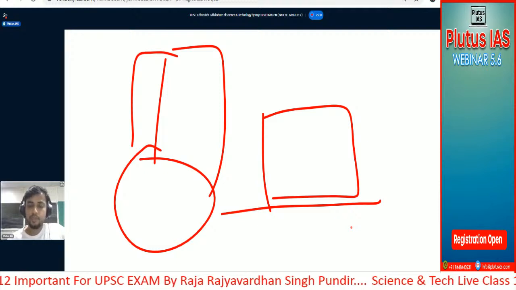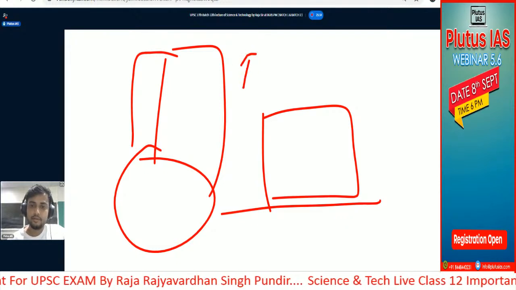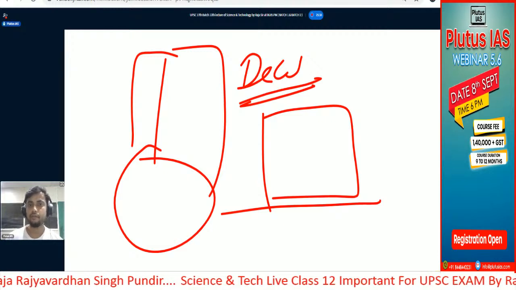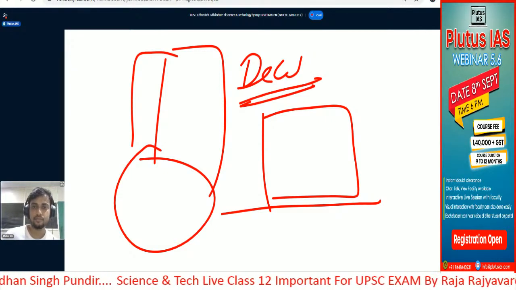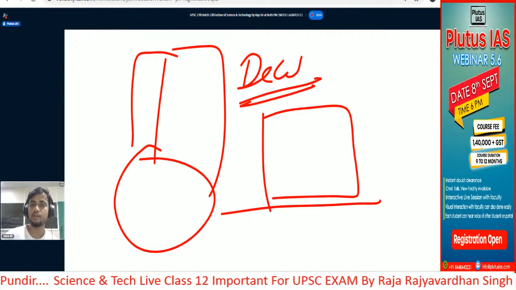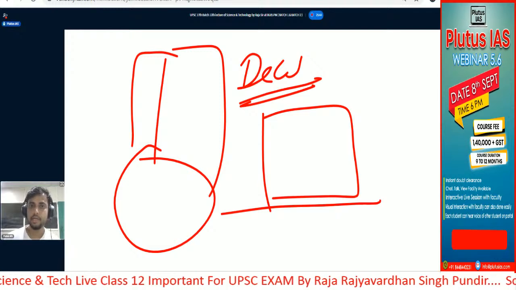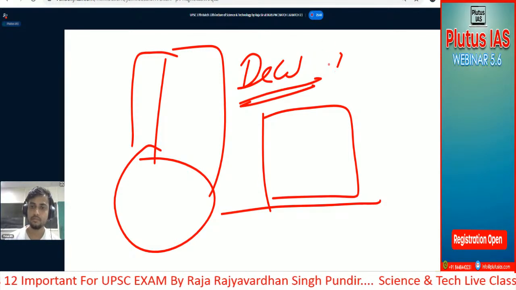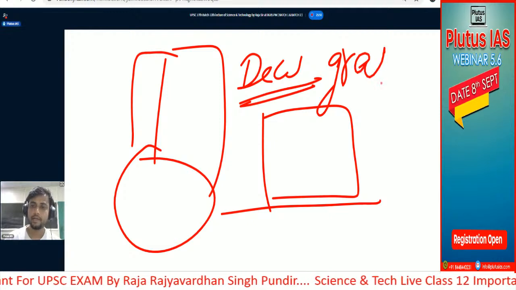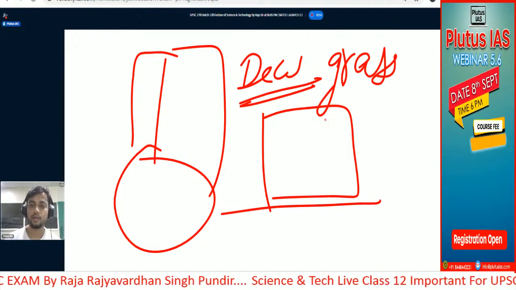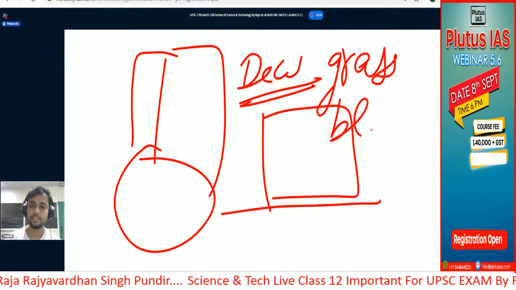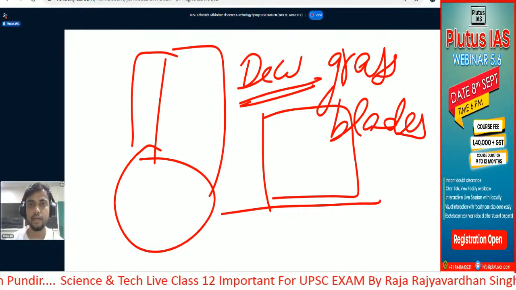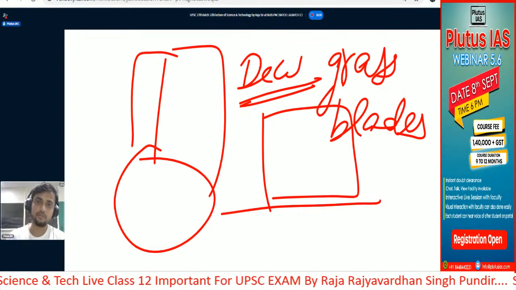And dew is basically when the air condenses after coming in contact with any cold surface. That is dew, be it the surface of a water bottle, be it the surface of the grass blades, or be it the window pane of your cars. That is dew, when the air condenses by coming in contact with any cold surface.